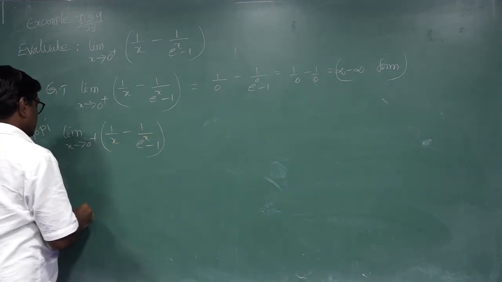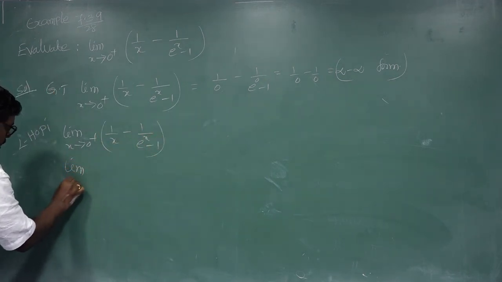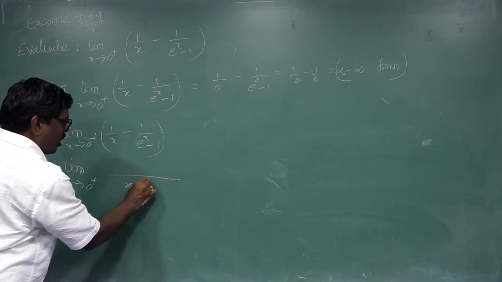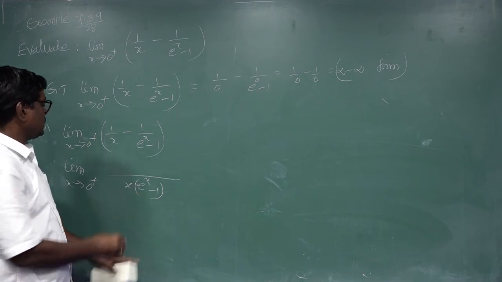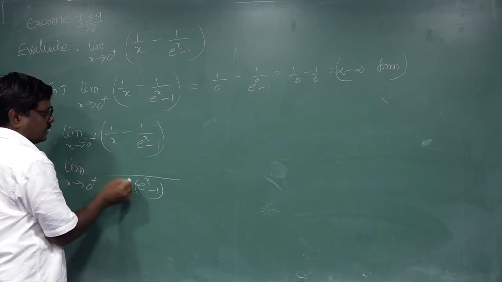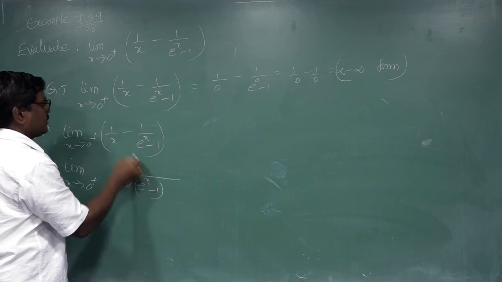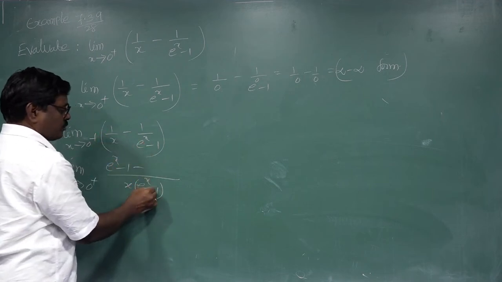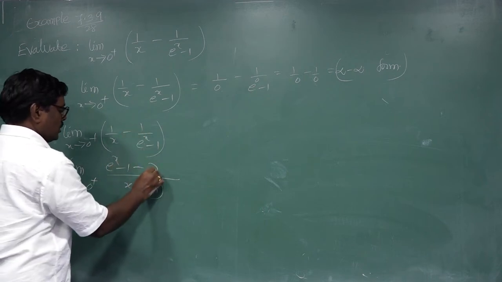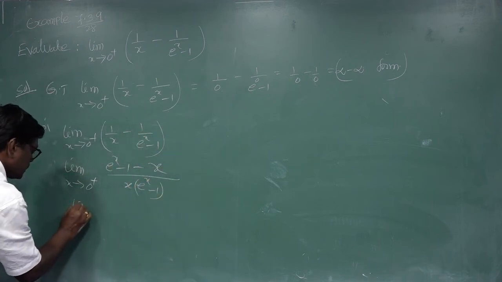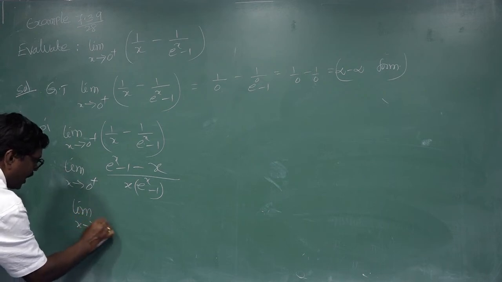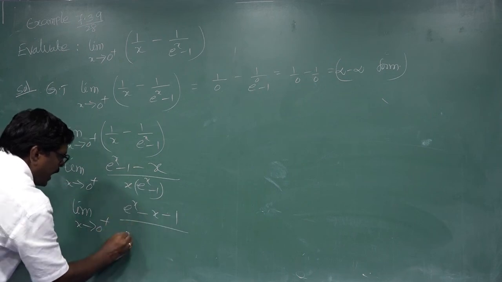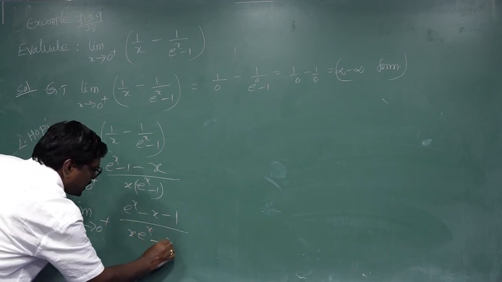Limit x tends to 0 plus of 1 by x minus 1 by e power of x minus 1. Taking the LCM, which is x into e power of x minus 1, we get e power of x minus 1 minus x, by x into e power of x minus 1, which is e power of x minus 1 by x e power of x minus x.